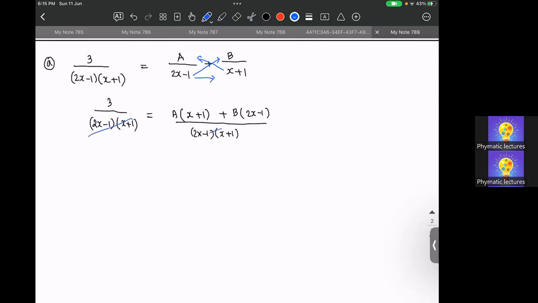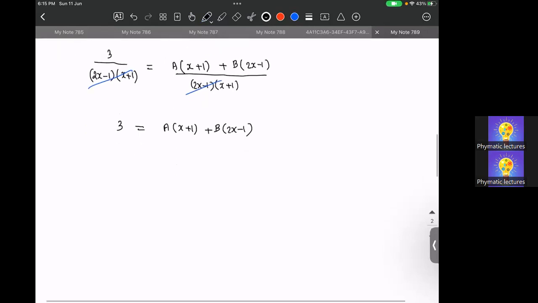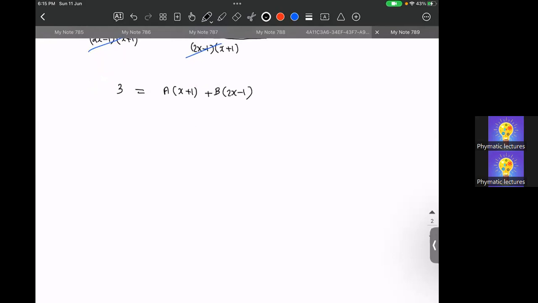Now from both sides, we can cancel the common denominator. What we will get? 3 is equal to A times (x plus 1) plus B times (2x minus 1). Now, our aim is to find these two constants. So here I'm just substituting some values to eliminate the other unknowns. For example, in this case, I'm putting x as -1.